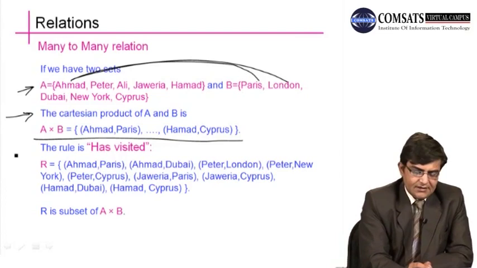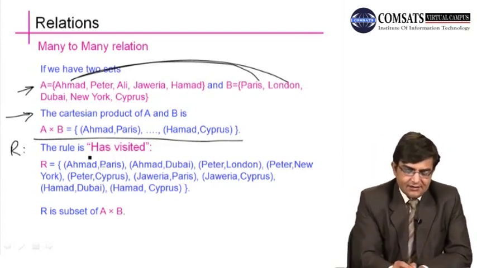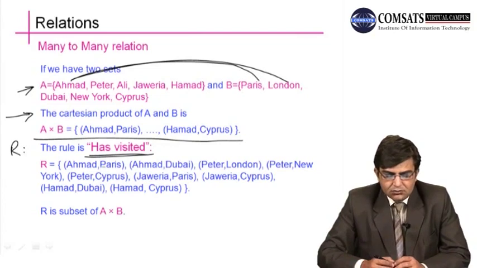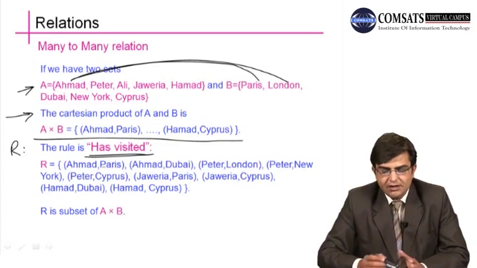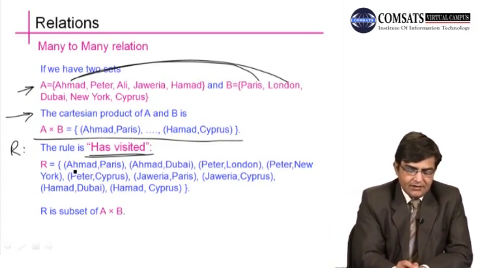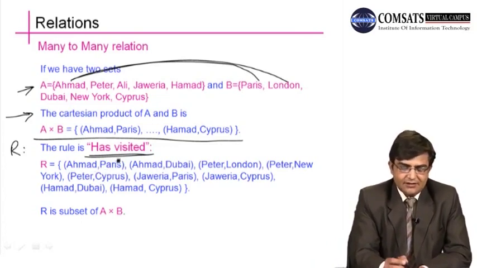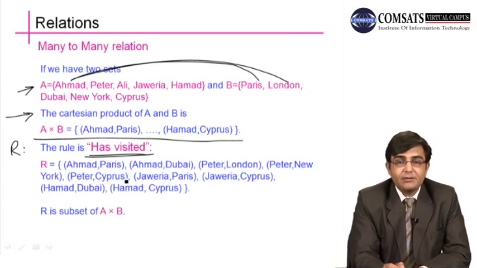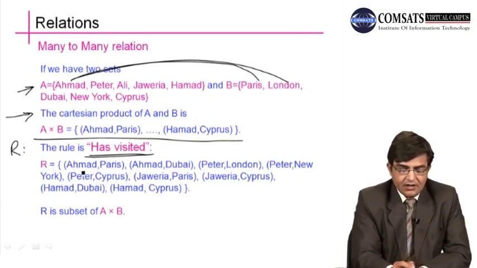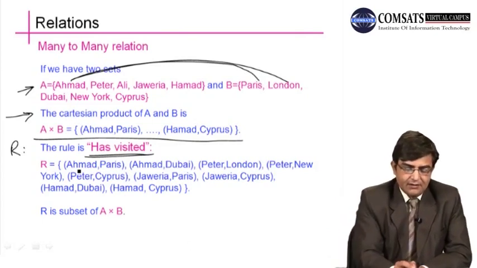Now the rule of the relation is "has visited". The persons in the set A have visited many places in B. For example, Ahmed has visited Paris. If this is true, we write it as an ordered pair in the relation. So if Ahmed has visited Paris, then we write the ordered pair Ahmed, Paris here.